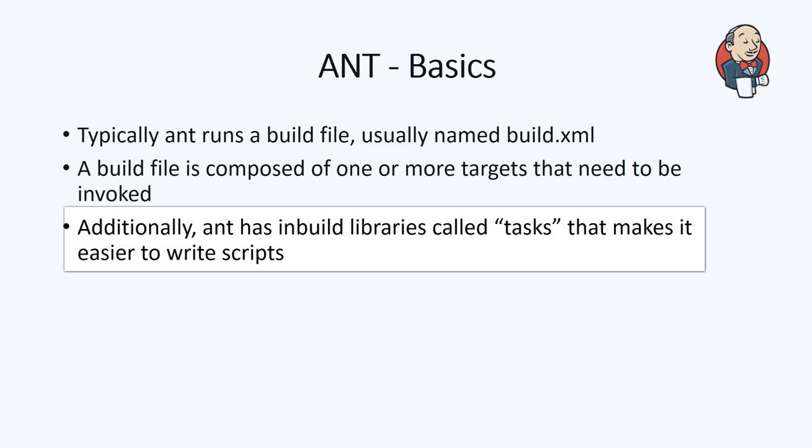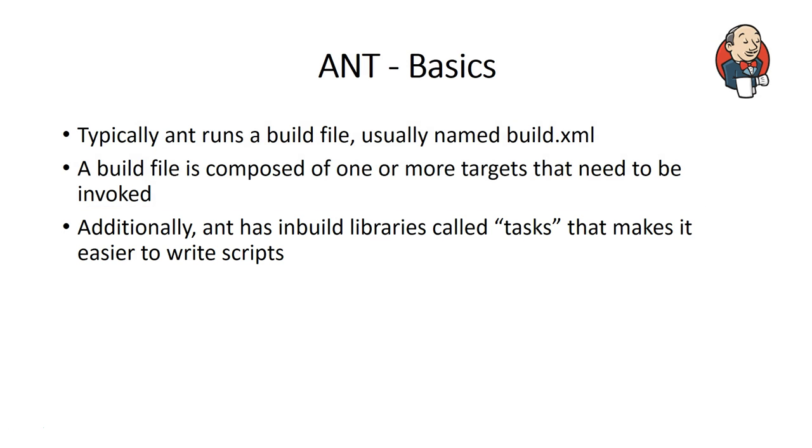These tasks have a set of defined functionalities to archive, compile, execute, document, deploy, or test. Ant is primarily used with Java applications, but it can be extended to other applications as well by adding extended libraries. Now that we have a brief background of Ant, let's go ahead and start creating our first Hello World build.